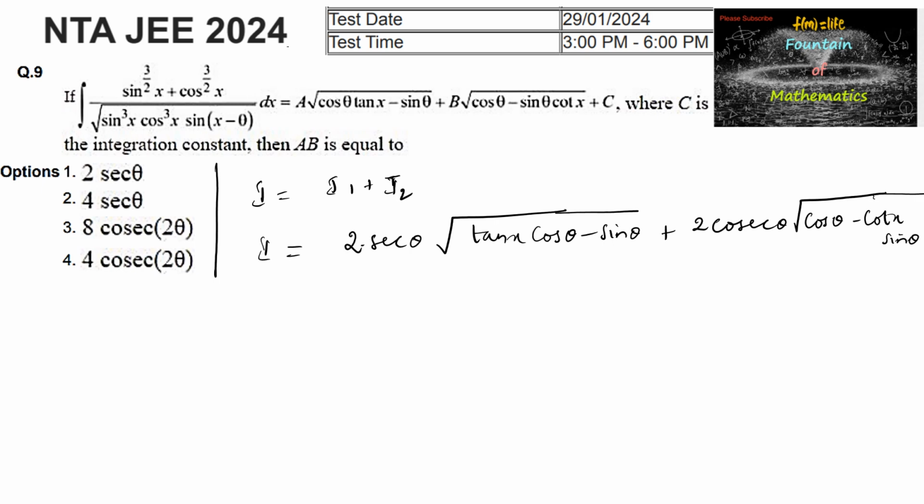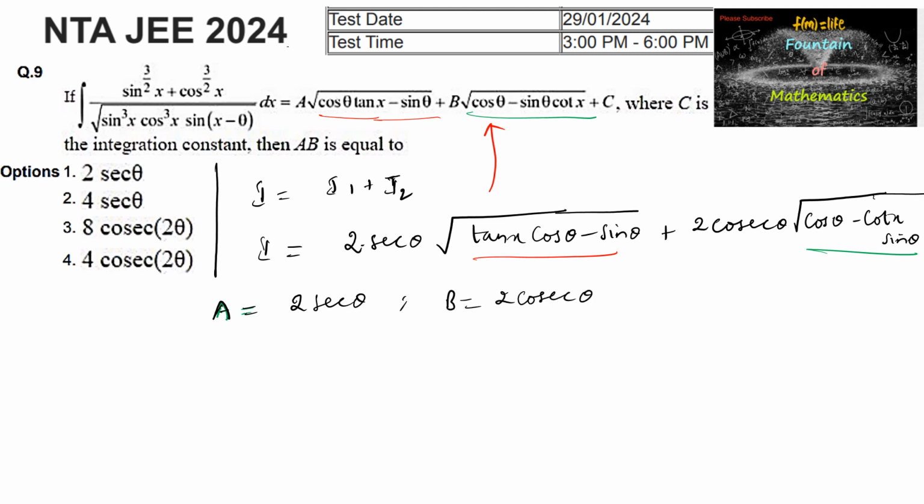So just comparing with the given question, cos theta into tan x minus sin theta here, and cos theta minus sin theta cot x is here. So AB value, we can take A is equal to 2 secant theta and B is equal to 2 cosecant theta.